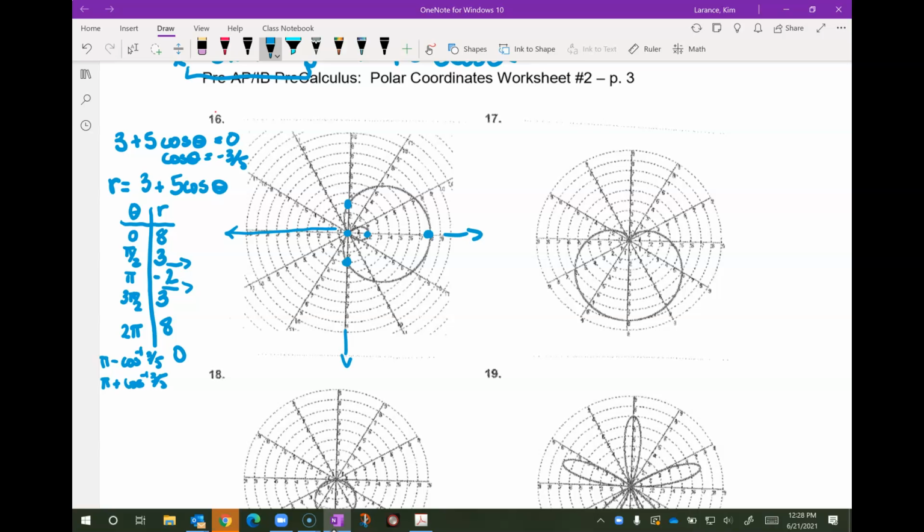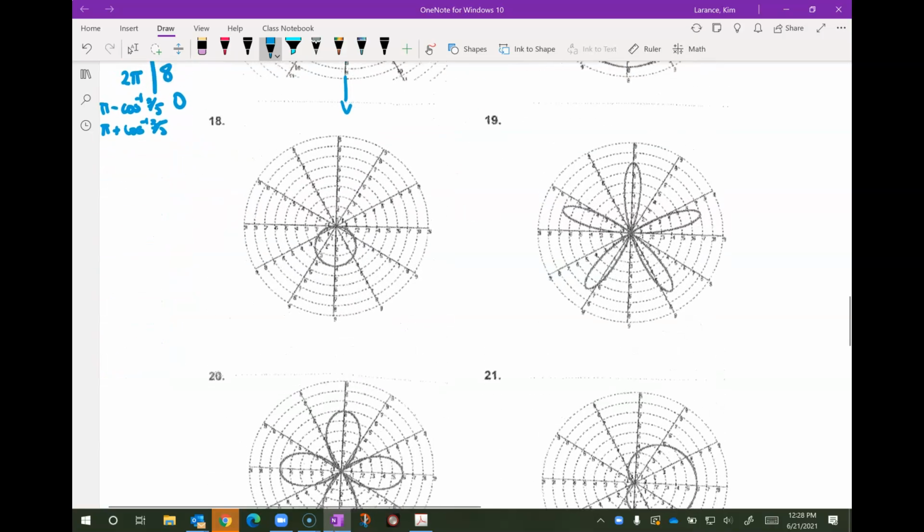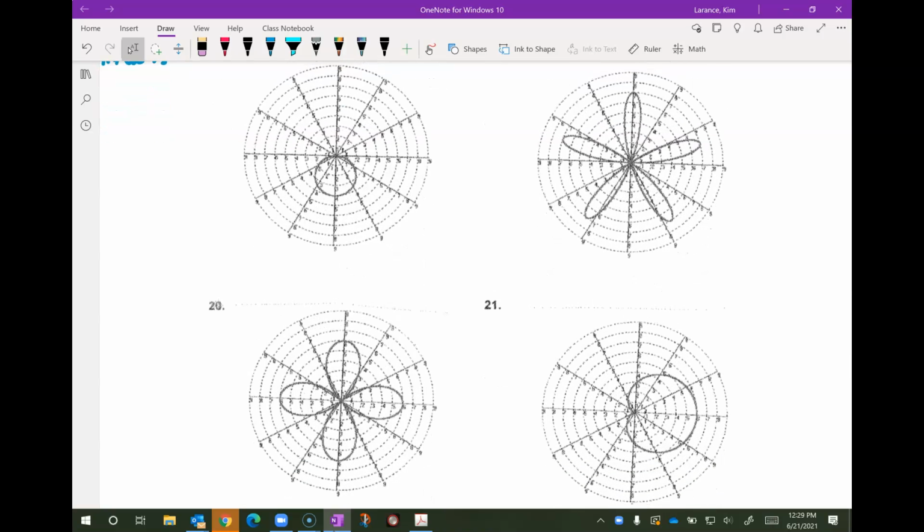Okay? Petals. Petals are one other thing that we're going to talk about. This is, again, things that you would have to memorize. If you have something in the form of R equals some constant in front, let's just say B, cosine or sine of theta, without something added or subtracted to it, you would get one of these that looks like petals.